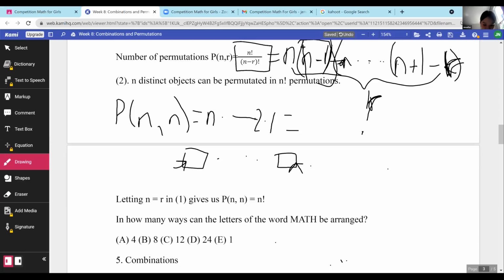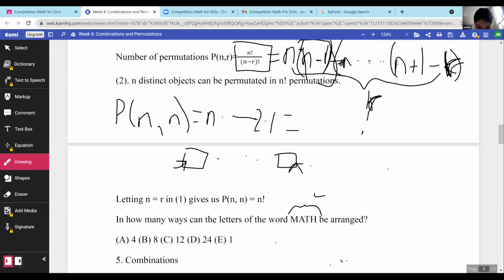How many ways can the letters of the word MATH be arranged? So it's just MATH.